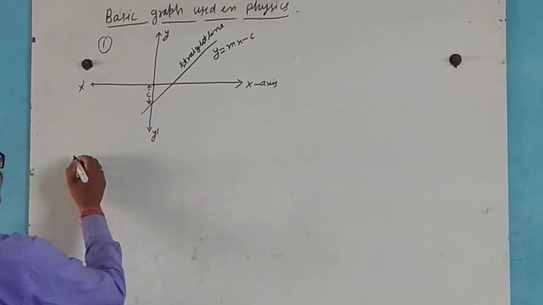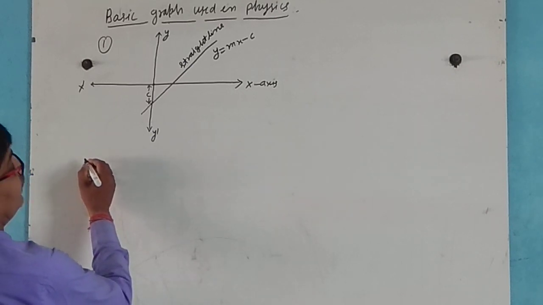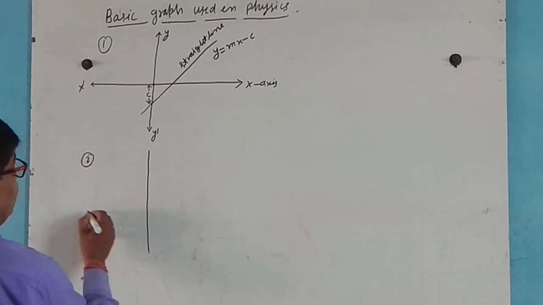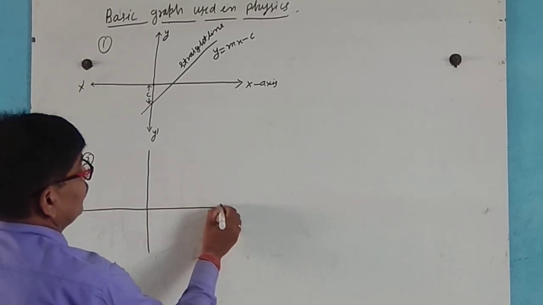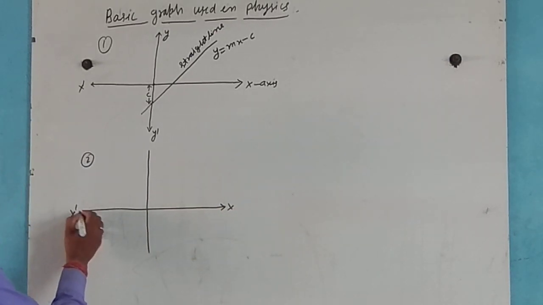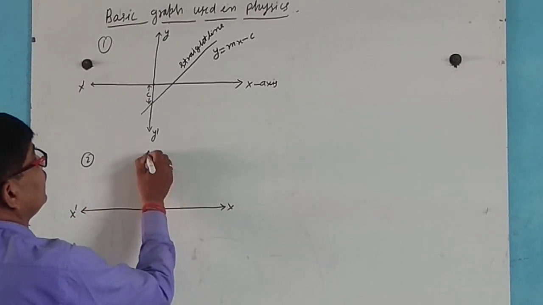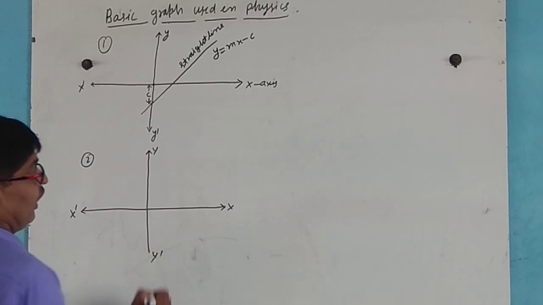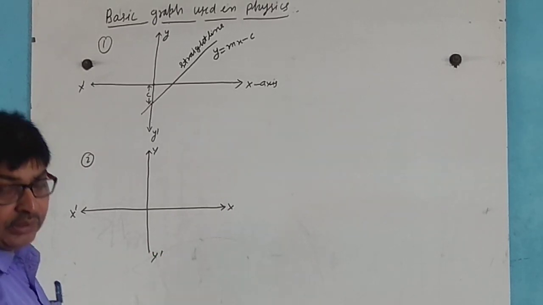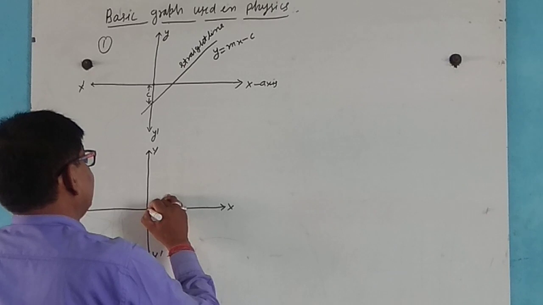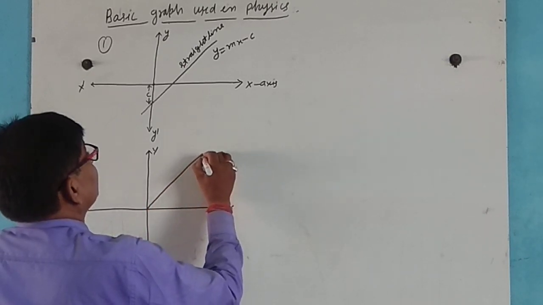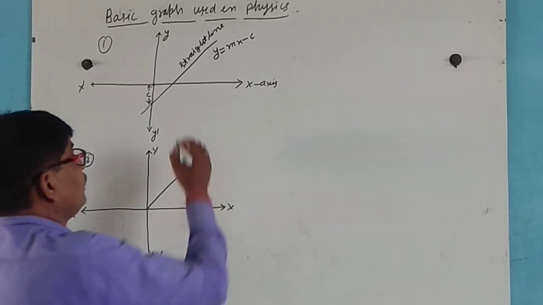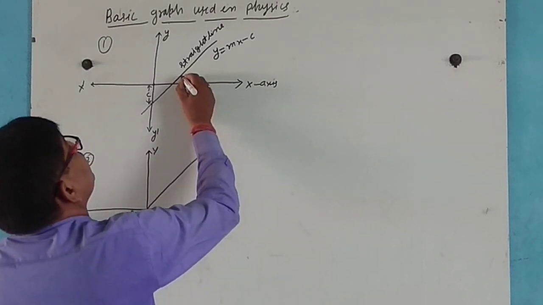Now the second graph. This is x dash, here y, and this y dash. If the graph is passing through this, this is theta.